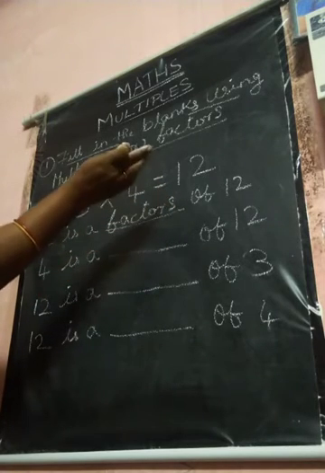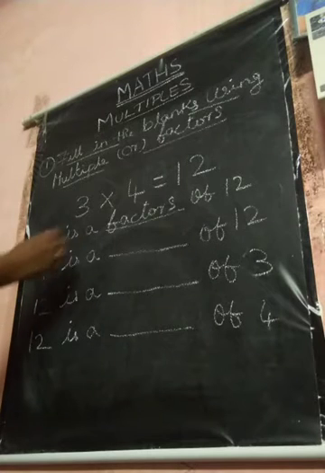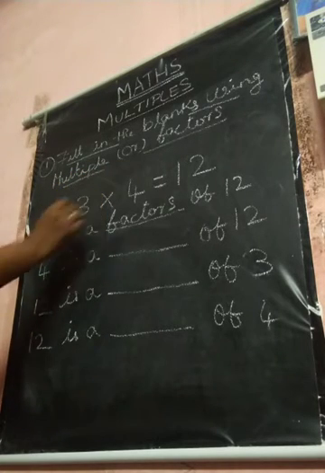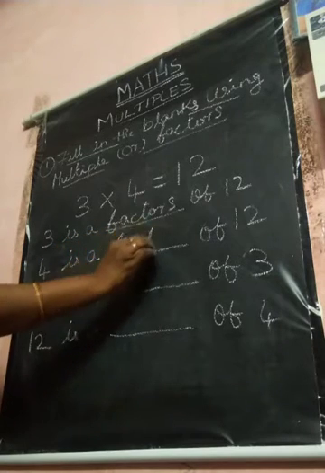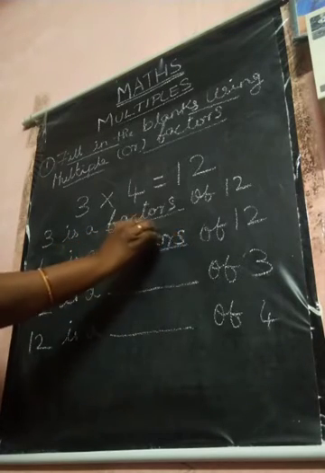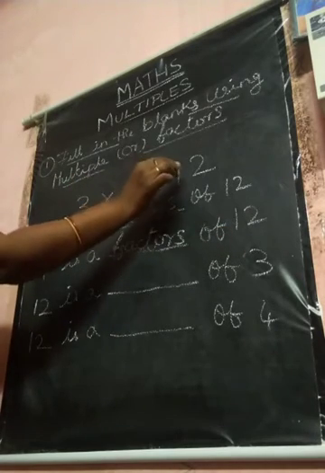factors of 12. 3 is the factor of 12. The same way 4 is also a factor of 12. 3 and 4 are the factors of 12.